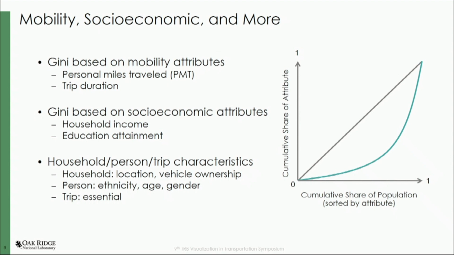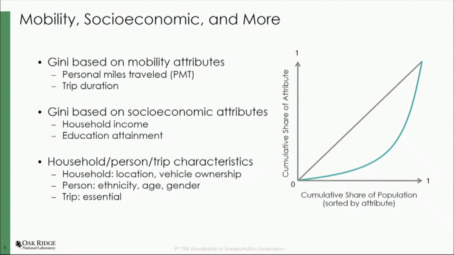So like I said, we were trying to use Gini coefficients to quantify or evaluate mobility inequality. The mobility attributes that we're looking at are PMT, or person miles traveled, and trip duration. The idea is that, like we saw earlier, the more income you have, the more you tend to travel.